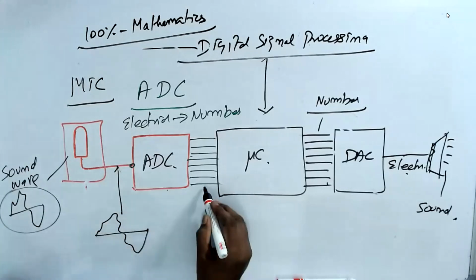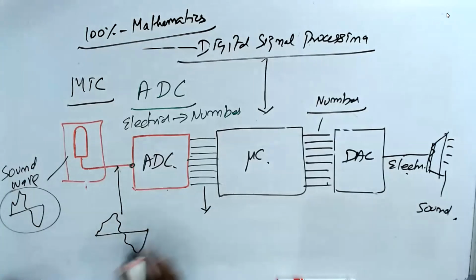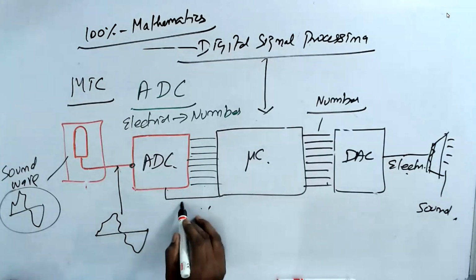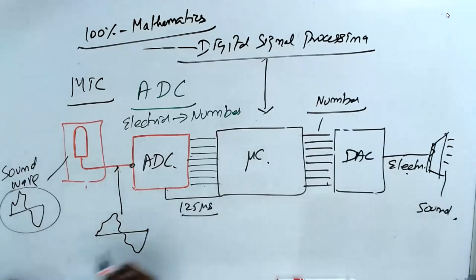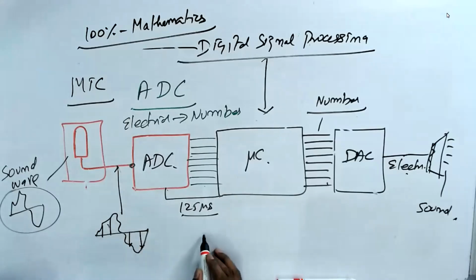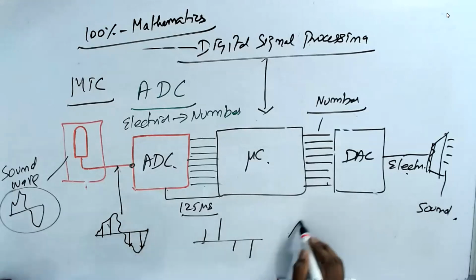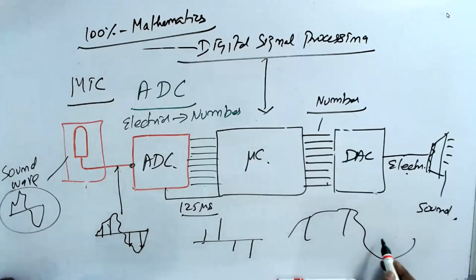Now, when it comes here, as I told you, this guy will do it every 125 microseconds. So every 125 microseconds, I take this number. In between, I lose. So what happened? I get only 4 numbers of this. See here, I get only 4 instances. That means that you speak like this, and I will take only the 4 values.